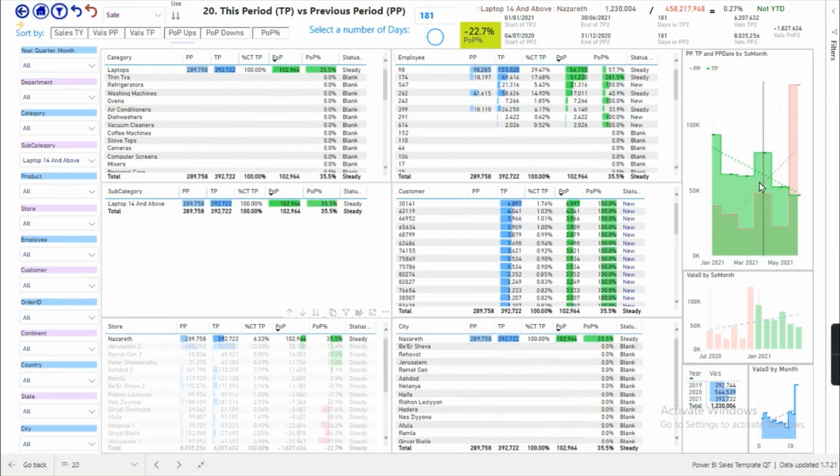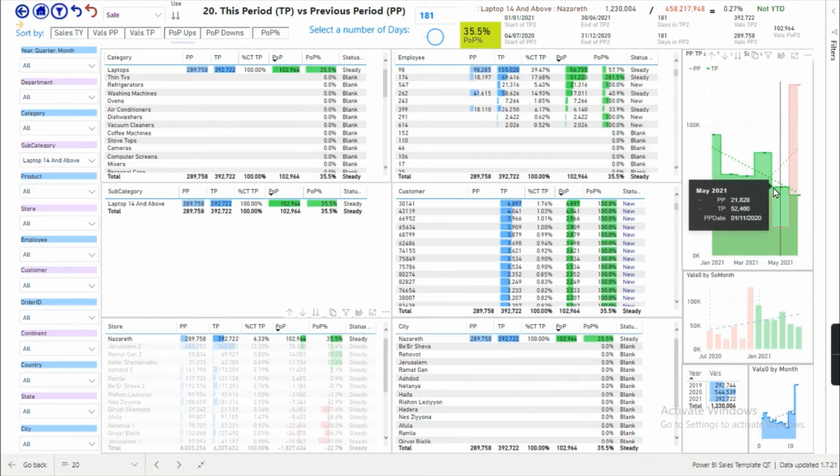Natzrat was slow at the end of year, had a good December, and this year is way up, but is still not climbing from January to May. It's decreasing. So even Natzrat with a good result has a problem with laptops.